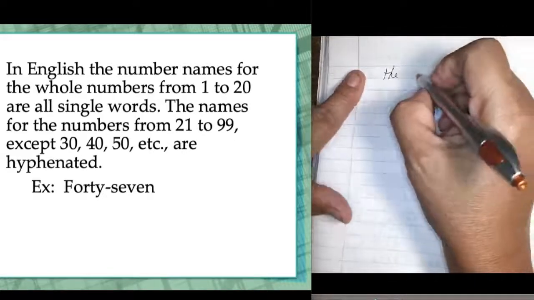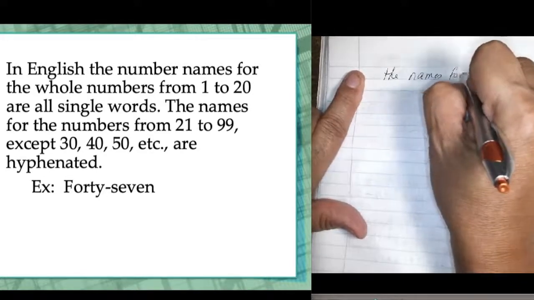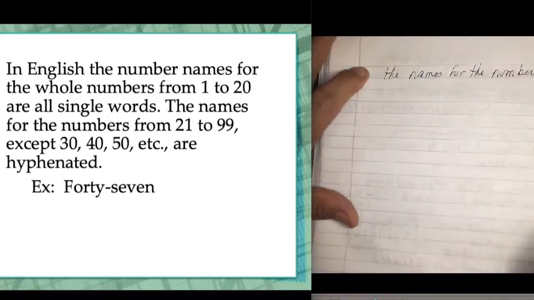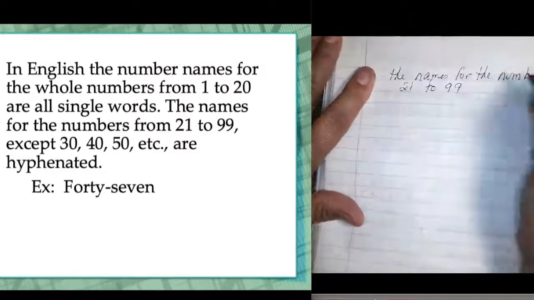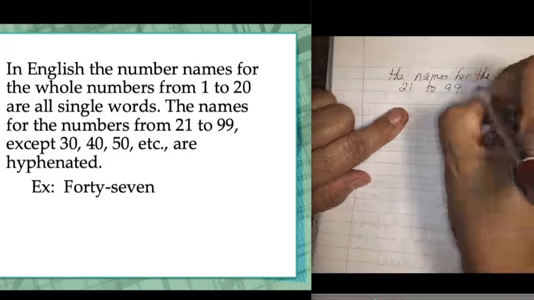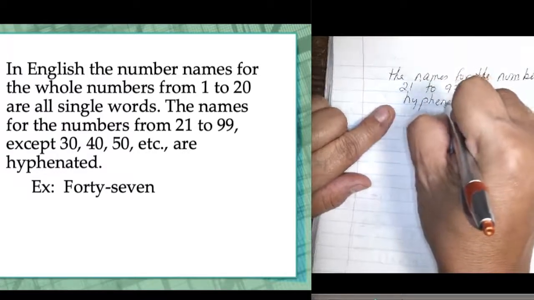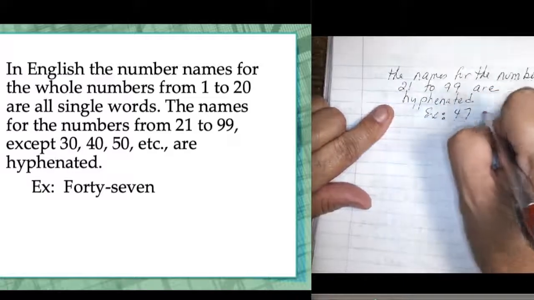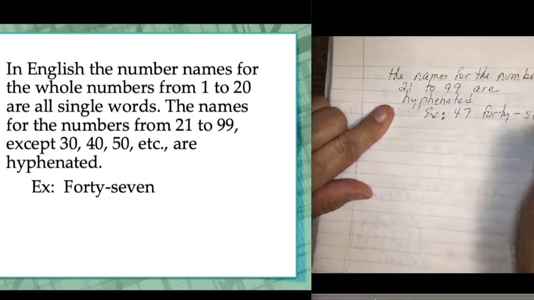The names for the numbers 21 through 99, except of course 30, 40, 50, and so on, are hyphenated. Example, 47.